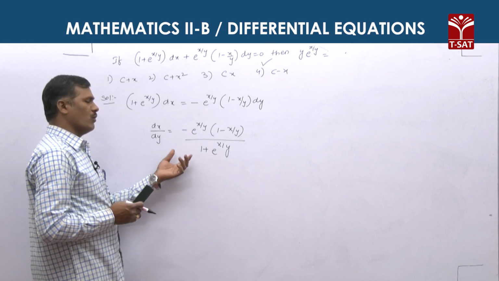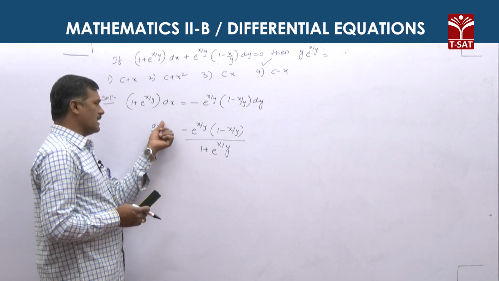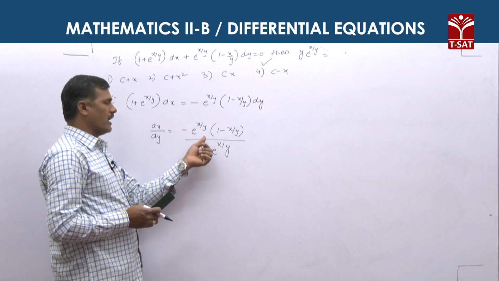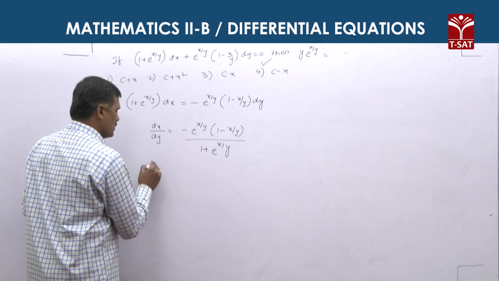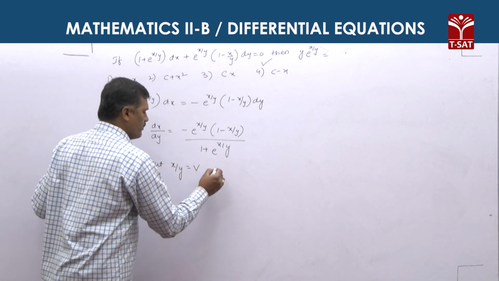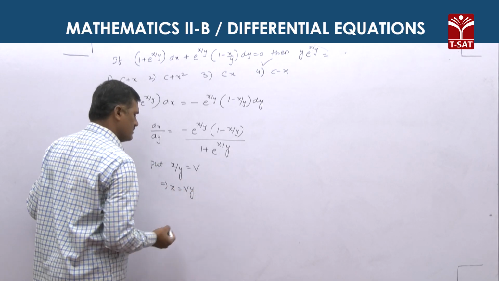And this is also a homogeneous function. This can be written as dx by dy is equal to y power n into g of x by y, which is in that form. Put x by y is equal to v, that implies x is equal to vy.